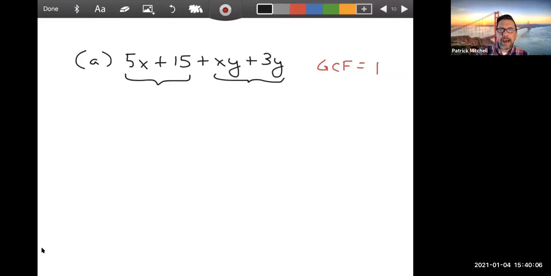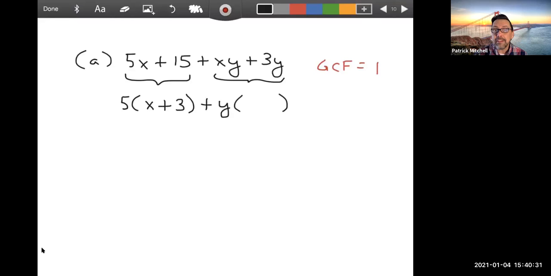I see that I can factor a 5 out of 5x plus 15, and that leaves me 5 times x plus 3, right? And then out of the second 2 terms, I can pull out a y. When I pull out y, and this is really important, what am I left with?